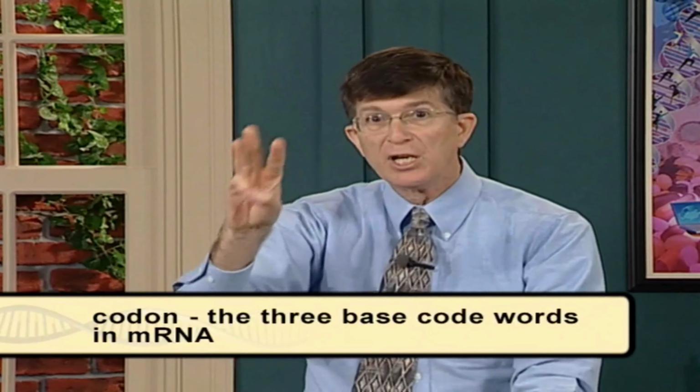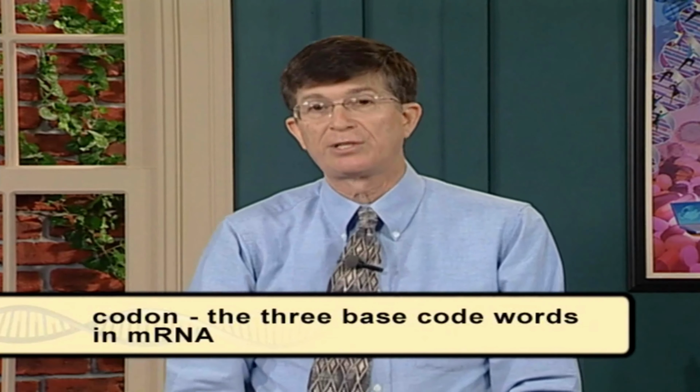I've seen that before. Oh, look, that's the codons coding for amino acid. Codons are those 3 base code words in messenger RNA. So those are the code words or codons along the DNA that code for proteins.